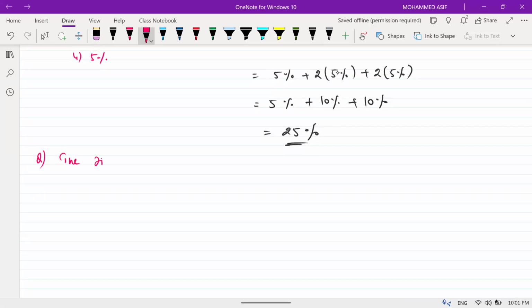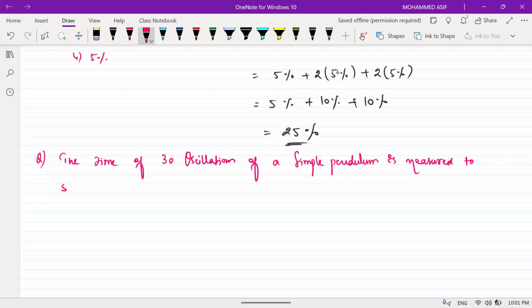Very good question. The time of 30 oscillations of a simple pendulum is measured to 50 seconds, using a stopwatch of least count 0.4 seconds.